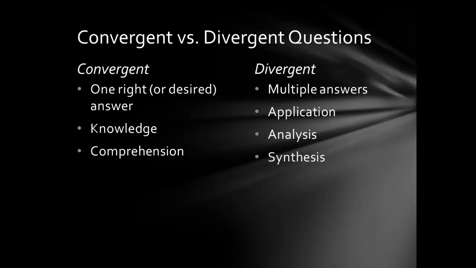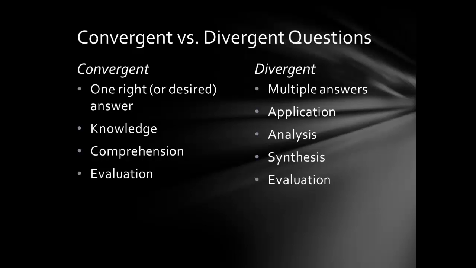Whereas divergent questions are more on the upper levels of Bloom's taxonomy. There could be multiple applications. There might be numerous ways of analyzing something or of synthesizing information. And then another level of Bloom's taxonomy, evaluation, could actually fall into either category.